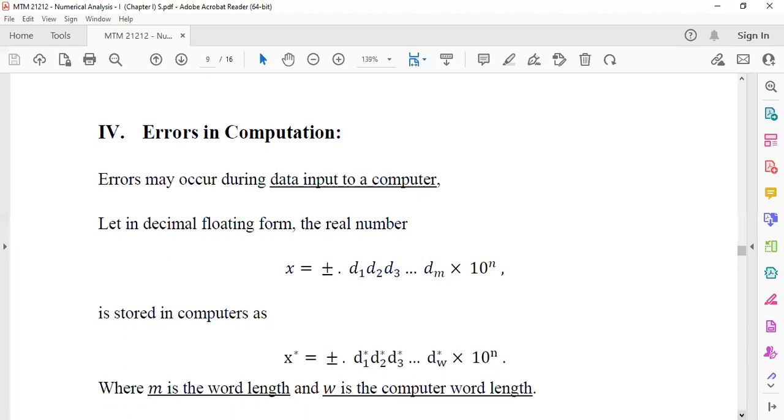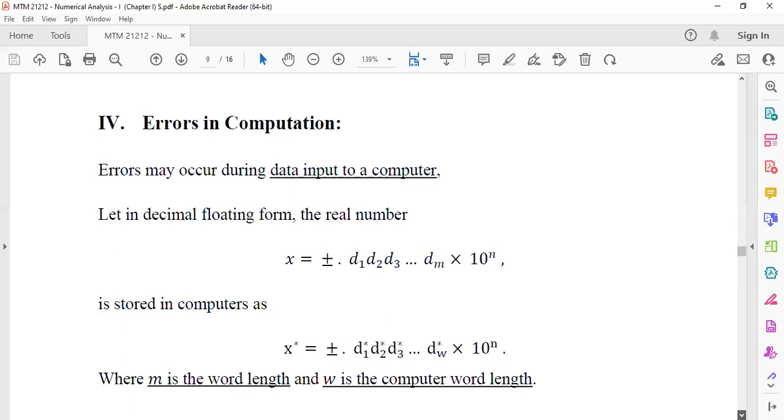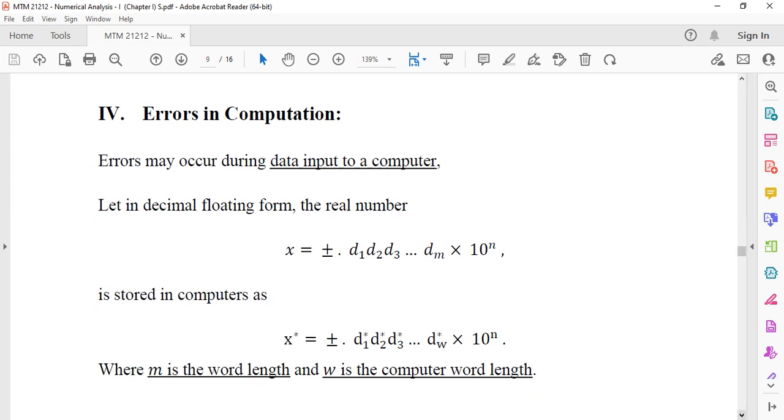A calculator can have, for example, 5 digits only. If it is so, we may encounter many errors in our actual computation. So in that case, how can we find the errors? If you know the errors, we can find how much we can tolerate.